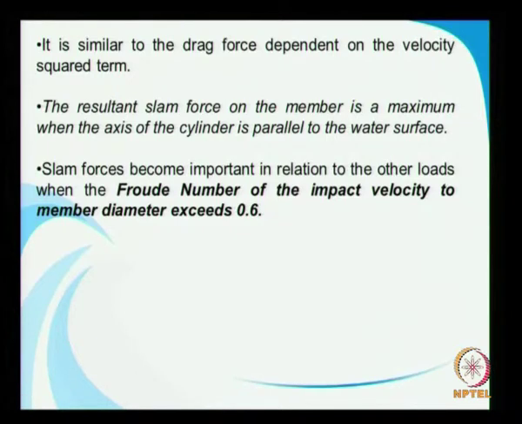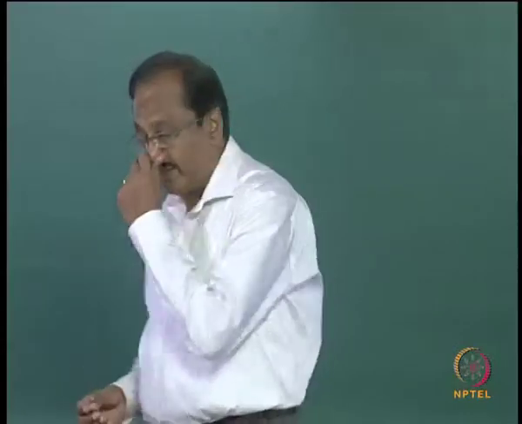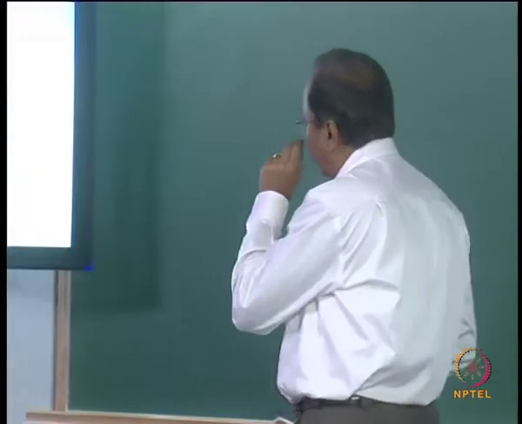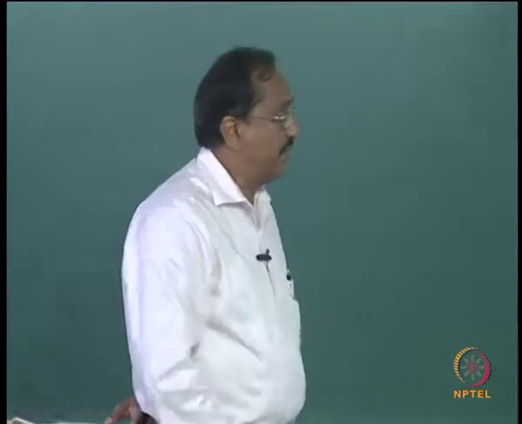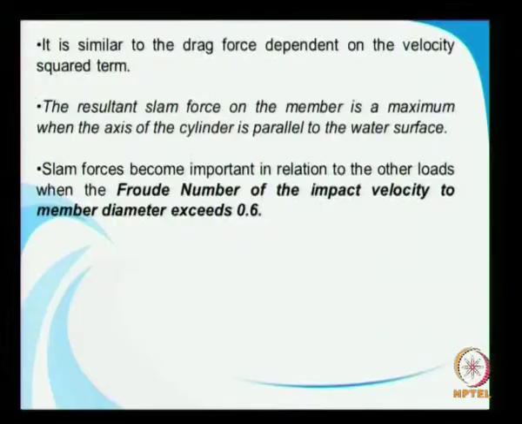Slam force becomes more important in relation to other loads particularly when the Froude number, calculated based on the impact velocity to the member, exceeds 0.6. Then it is extremely important to consider the impact loads or the slamming forces.